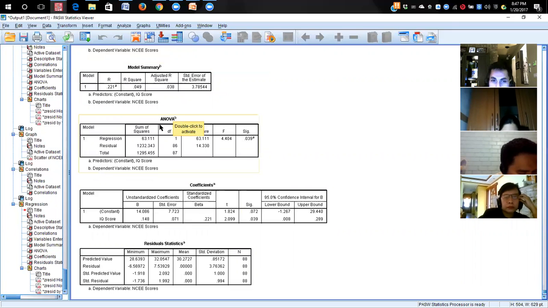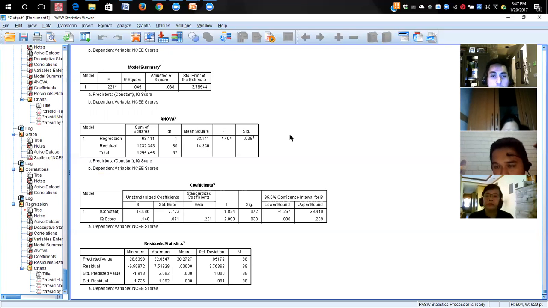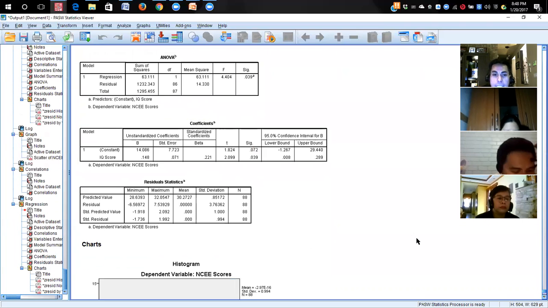I'm not going to tell them that the ANOVA is the same statistical significance as the 0.039 that I got in my simple correlations, because that's not what regression is all about. What regression is all about are coefficients.